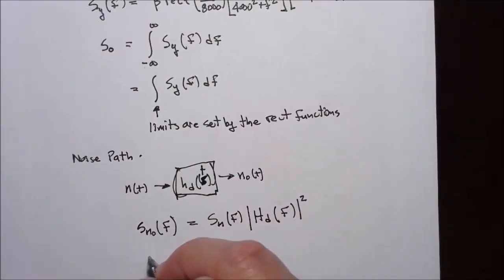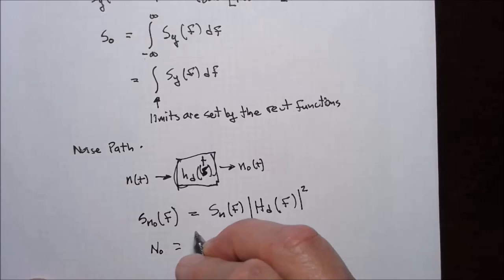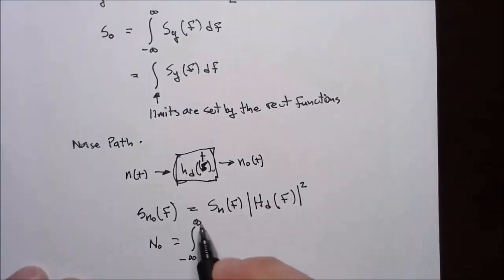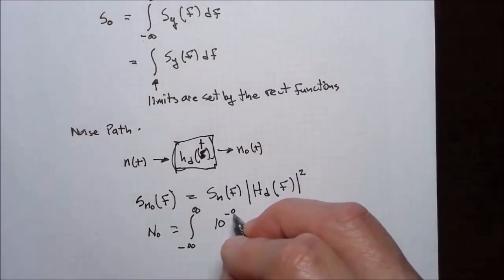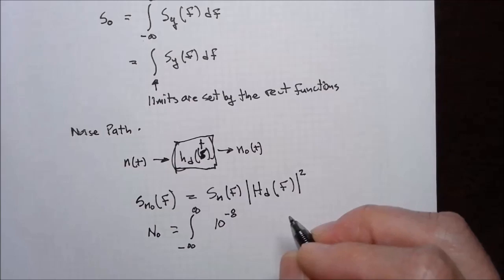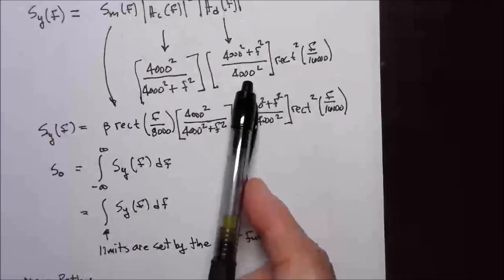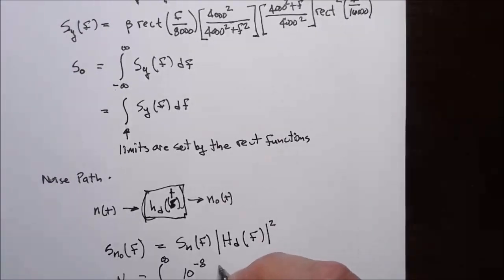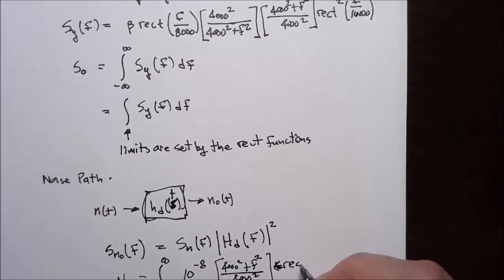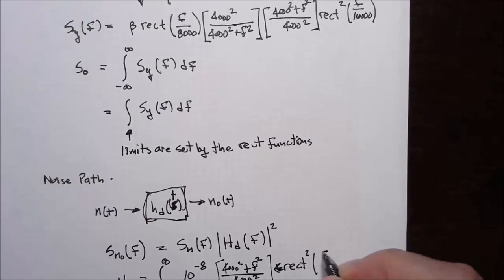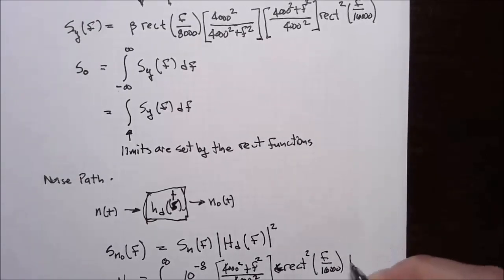So you can find the noise power, which would be equal to the integral from minus infinity to infinity of the power spectral density of the noise, which is a constant 10 to the minus 8, times the magnitude squared of this transfer function, which is 4,000 squared plus f squared divided by 4,000 squared, times a rect squared f divided by 16,000 df.